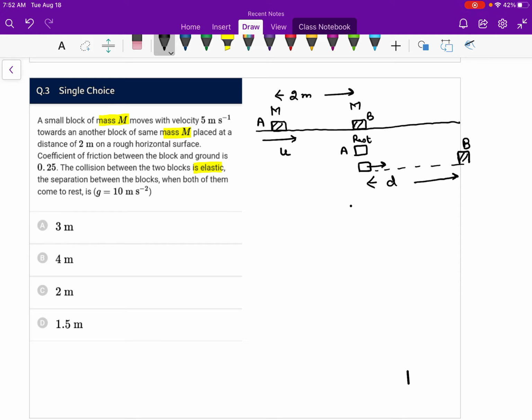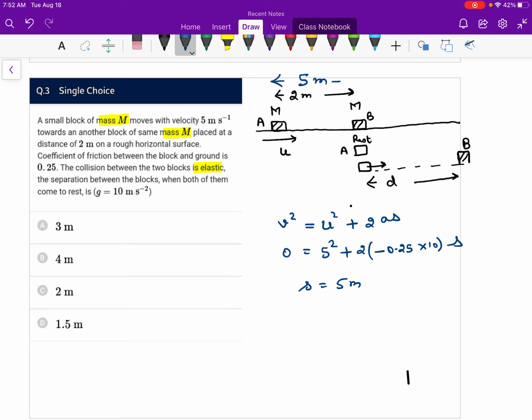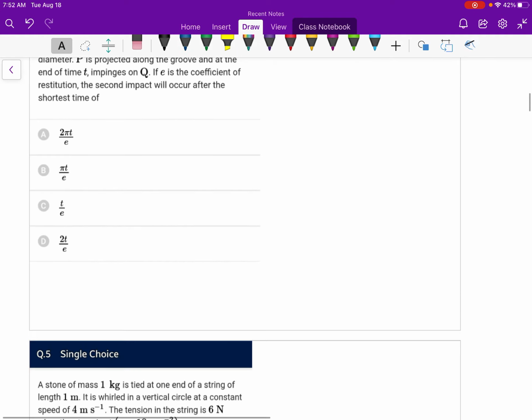So stopping distance for A: v square is u square plus 2as, v is 0, u square is 5 square plus 2 into minus mu g, where mu is 0.25 and g is 10, into s. So 25 upon 5, so s is 5 meter. So this complete distance is 5 meter. So d is s minus 2, which is 3 meters. So A is the correct option.